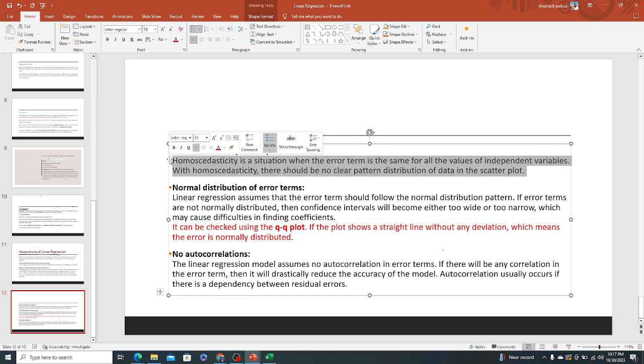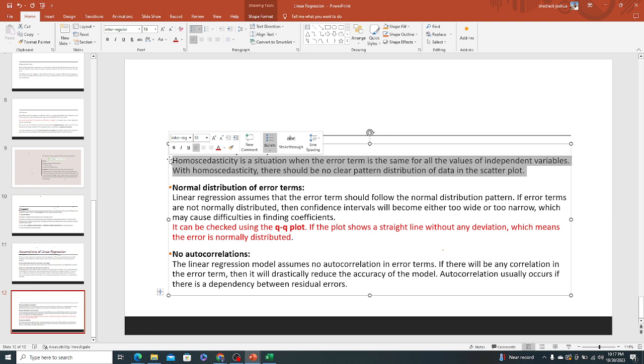Let's assume when you run your model and get a coefficient of determination that is very small. Definitely you will have to do some investigation to know which assumption might be affecting our model, and how I can correct that.